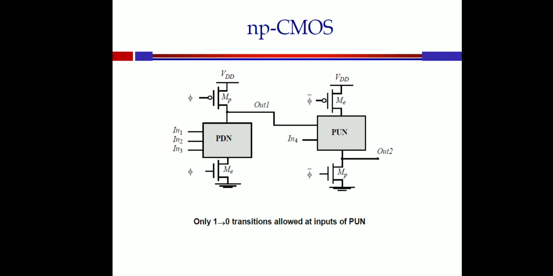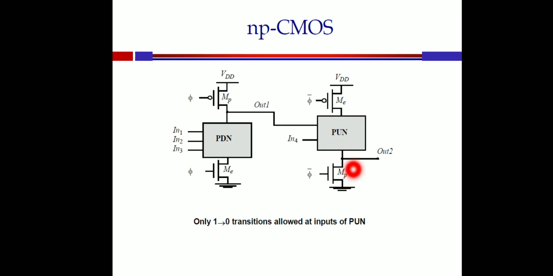See here, this is your NP CMOS. In the first part of the figure, you have a PMOS transistor as the pre-charge transistor, then a pull-down network which is N kind, and an NMOS transistor acting as evaluation transistor. Now in this circuit, you can see PMOS as the pre-charge, and here you can see this is a PMOS logic block, so it is designated as PUN, pull-up network.